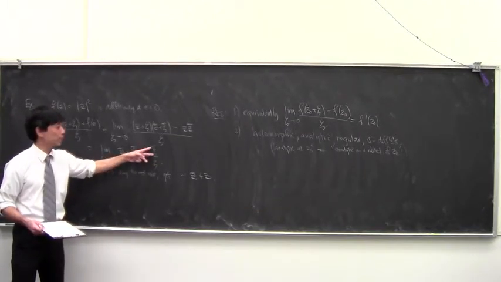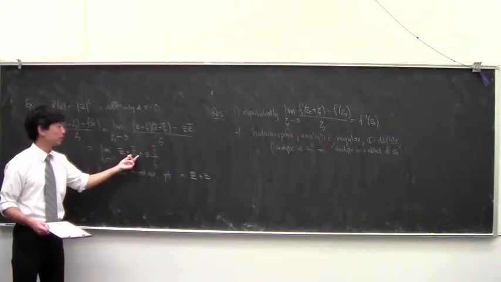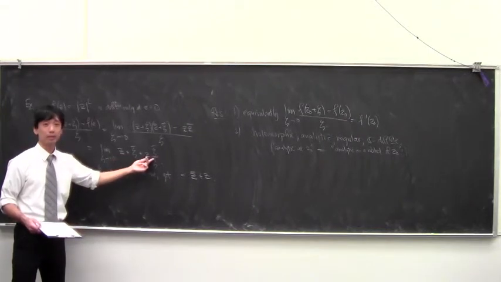So zeta bar over zeta is 1, and the first term is going to go to 0. So you get z bar plus z.